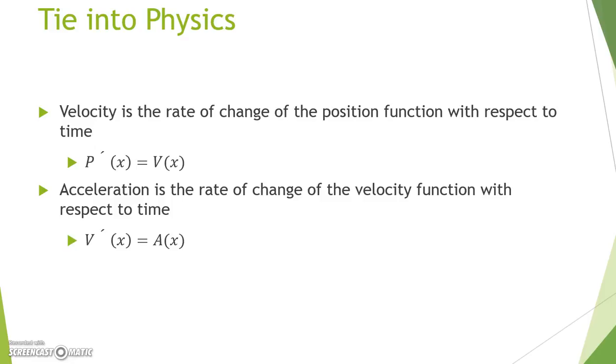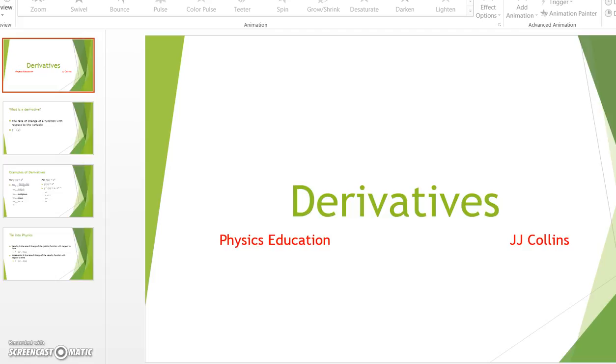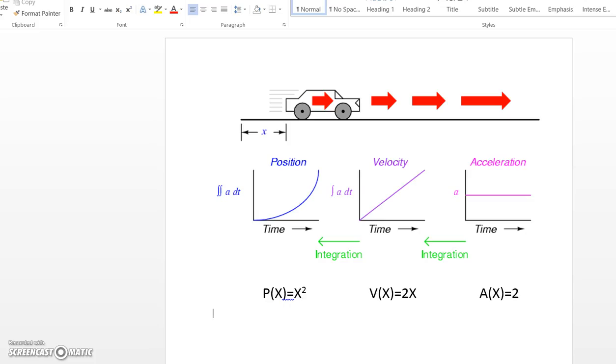So the derivative of the velocity function or graph is the acceleration, and the derivative of the position function is the velocity. Now if we were to look at this graph right here, it shows a car moving over a certain period of time. It moves at a constant acceleration. And so the position graph, as shown here, is described as an x squared function.